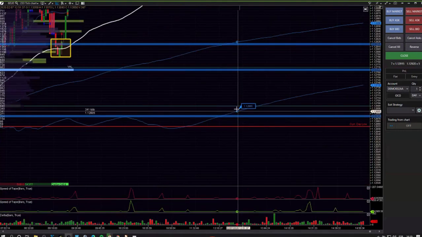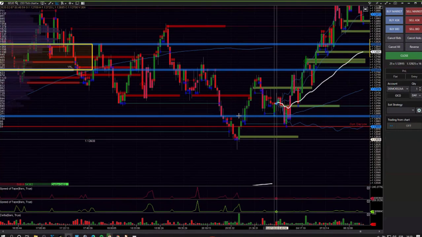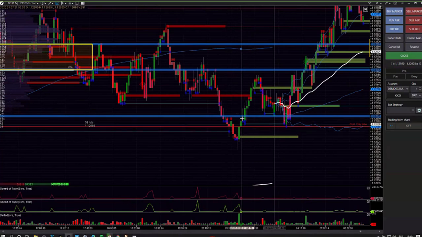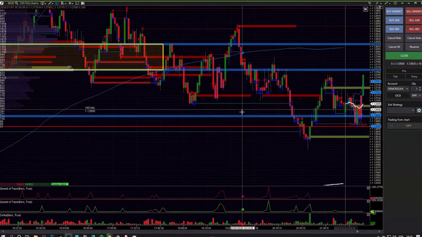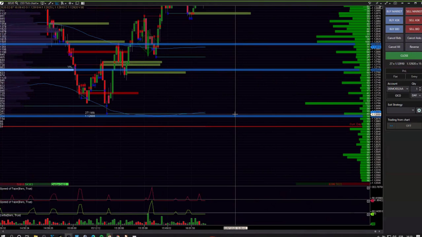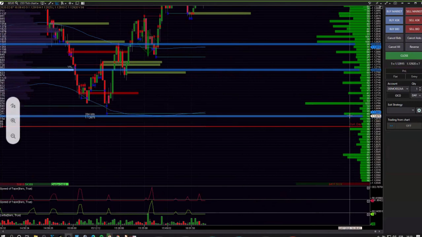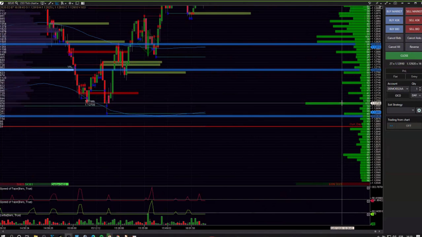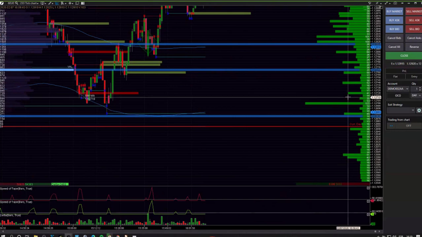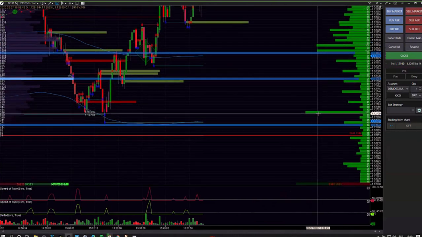Okay, and let's see what we have on the left, where we have previous session low right here. But you can see here, there's 122 contracts before this area. So if I were to trade on the long side, I would put my exit a little bit higher than these 122 contracts pending here, because that actually will be the resistance.